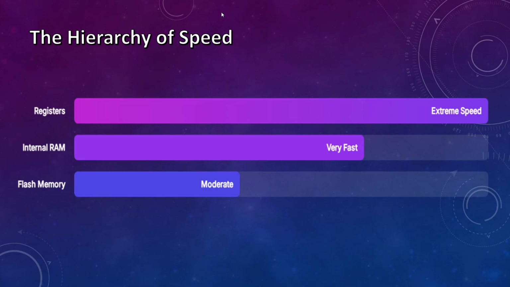You can think of registers as the CPU's immediate workspace. Whenever a calculation happens, whenever a comparison happens, whenever instructions are executed, registers are involved. This is why registers are often called the fastest memory inside the microcontroller.